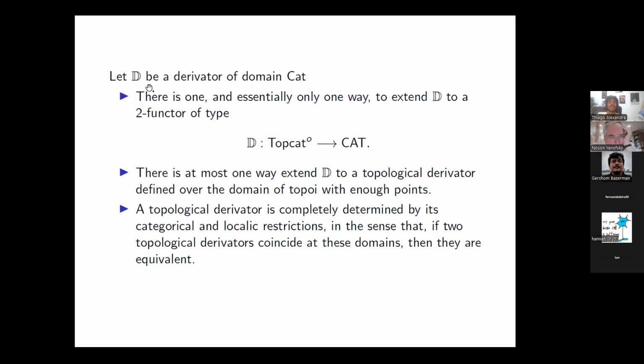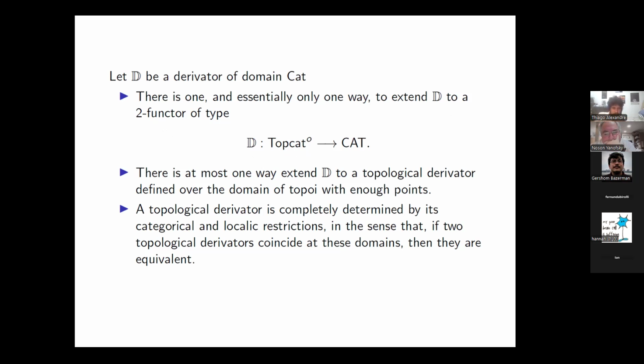If we have the derivator of domain Cat, there is one, and essentially only one, way to extend D to a 2-functor of this type, and if we have a geometric morphism between categorical toposes, this functor returns an adjunction.